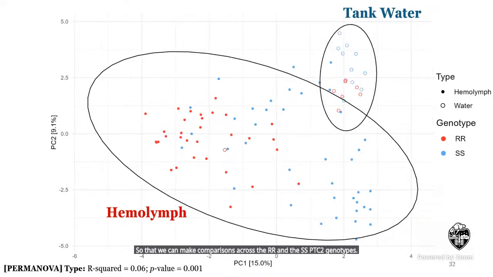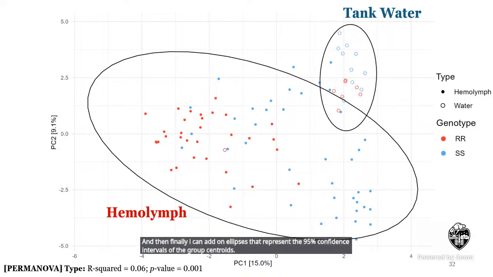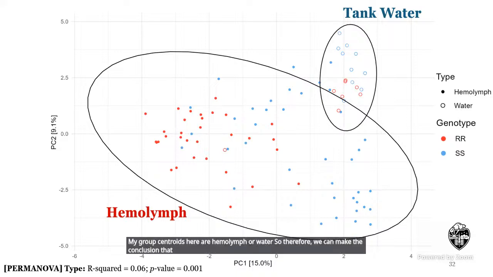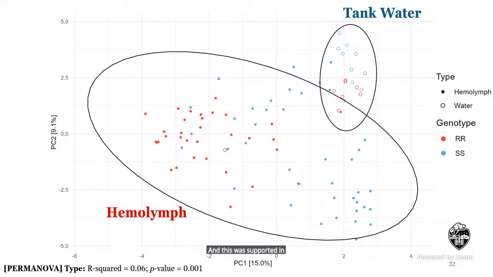And then finally, I can add on ellipses that represent the 95% confidence intervals of the group centroids. My group centroids here are hemolymph or water. So therefore, we can make the conclusion that the hemolymph and the water groups do have different microbiome compositions from each other. And this was supported in our PERMANOVA analysis. We found our PERMANOVA p-value was highly significant.